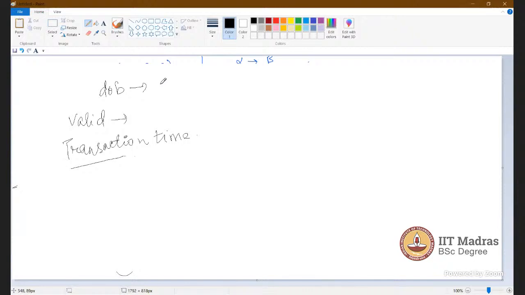So here the actual date of birth is 10 December 1997, and it was registered on the database system on 15 December 1997.